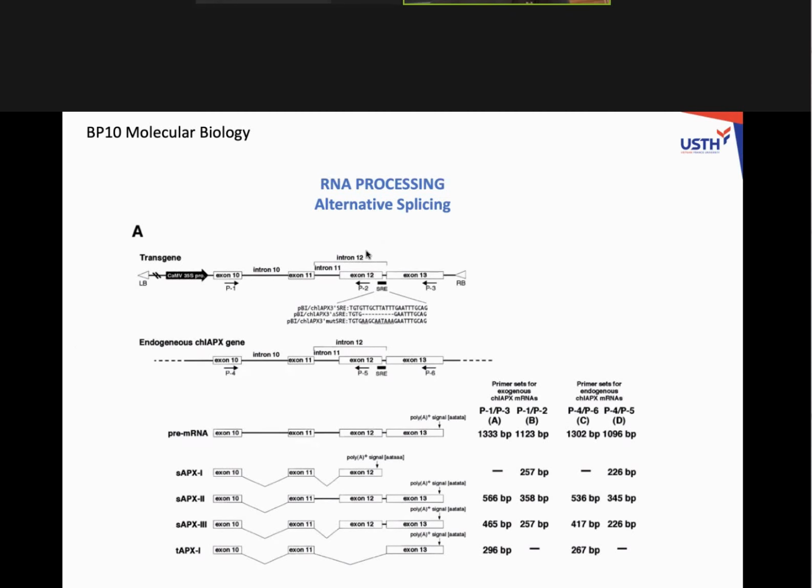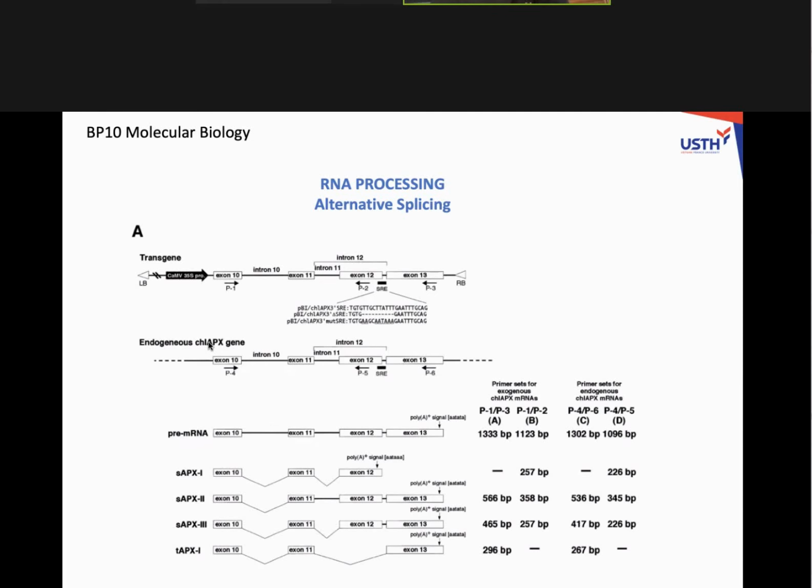This example is coming from a paper. The reference of the paper is on the next slide. It was studied in plants. I won't explain all the details of this figure, but you will understand perfectly. This paper was a study on a gene from plants called APX.